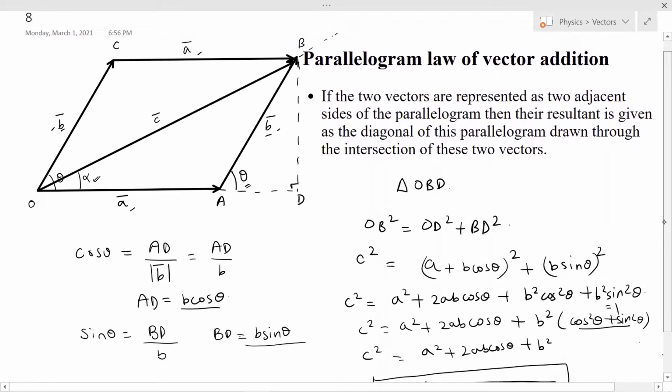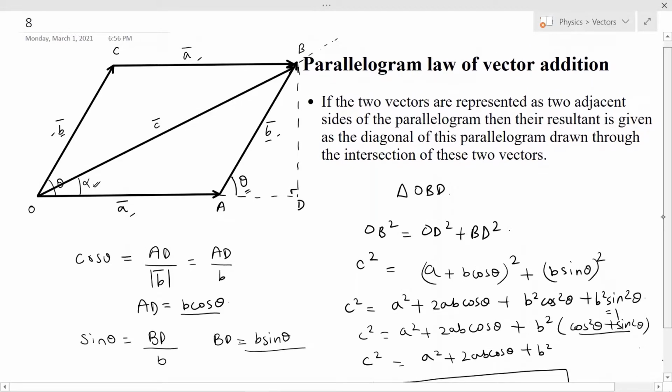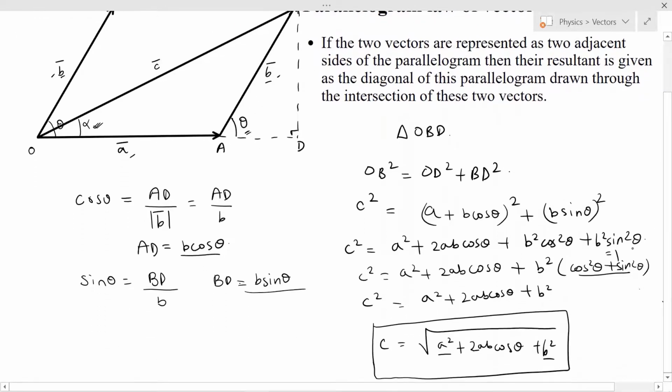Now let's calculate the direction of the resultant vector. The direction will be given by the angle alpha. So what will be the tan alpha? Tan alpha will be opposite side, that is BD, upon adjacent side, which is OD. So tan alpha will be BD upon OD. What is BD?